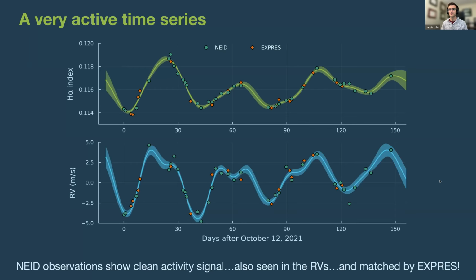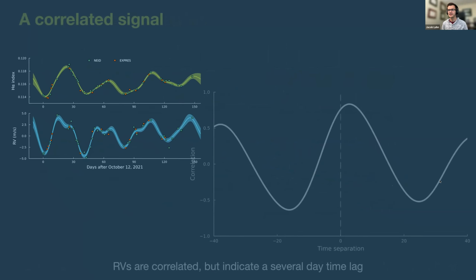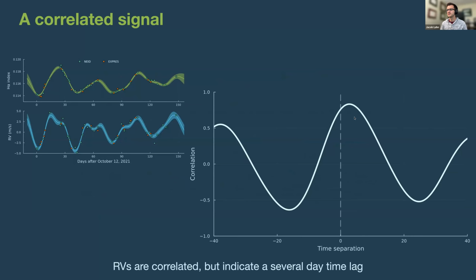And in case you couldn't see the signals here, if we perform Gaussian process fits independently to RVs and H alpha, we get these plots here, where we can now really see the correlation between activity and RVs. And just to highlight that, you can see this large correlation here in the cross correlation function, and I apologize for using cross correlation function here.